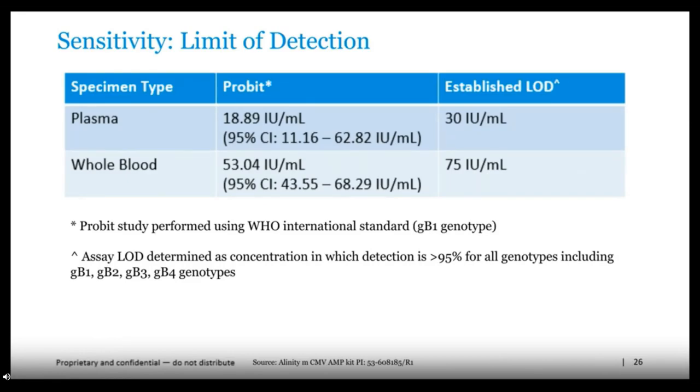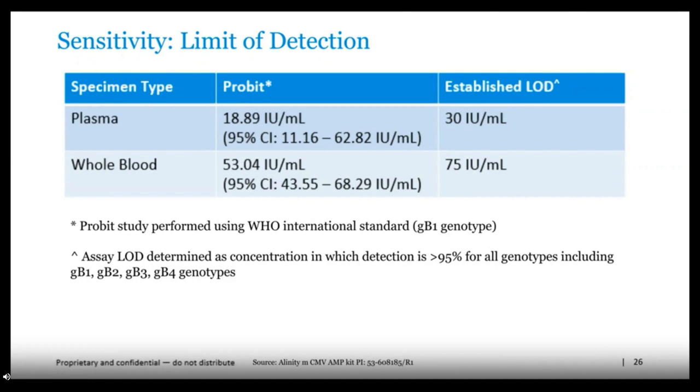The limits of detection, there are two ways that Abbott has established that, through probit analysis and limiting dilution studies. And what you can see under the probit analysis column is the limit of detection determined by that analysis using one genotype, the GB1 genotype of CMV.